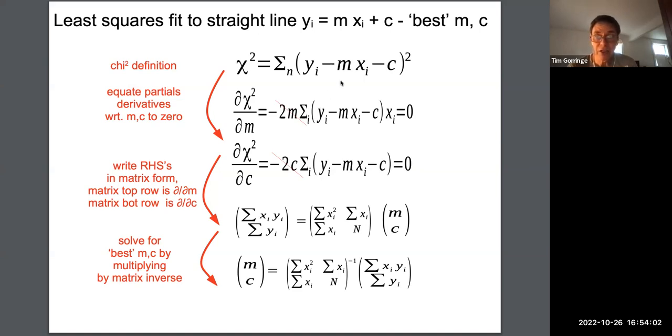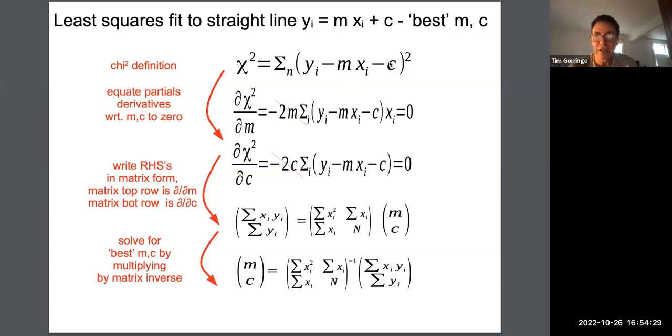And you can see, right, when inside the summation I differentiate with respect to M or differentiate with respect to C, I'm going to lower the power by 1 of this function of M or function of C. So you see that in this parentheses here, and in this parentheses here, you get out a factor of 2. That's the factors of 2's up front.